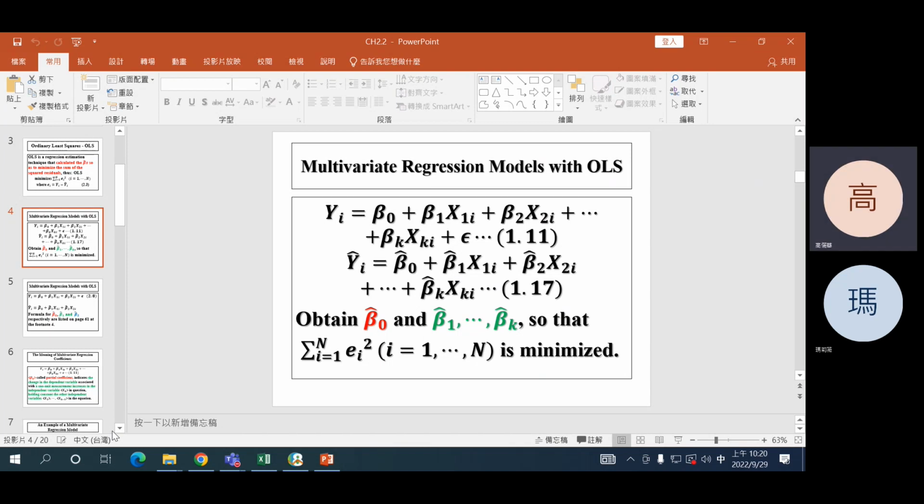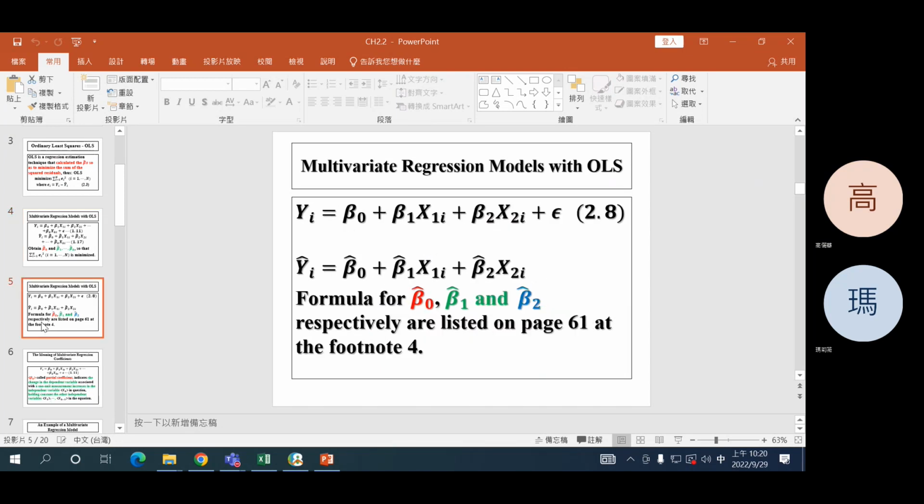So the idea is the same. We just extend it from one X variable to many X variables, K variables. Then, would you like to see the formulas?